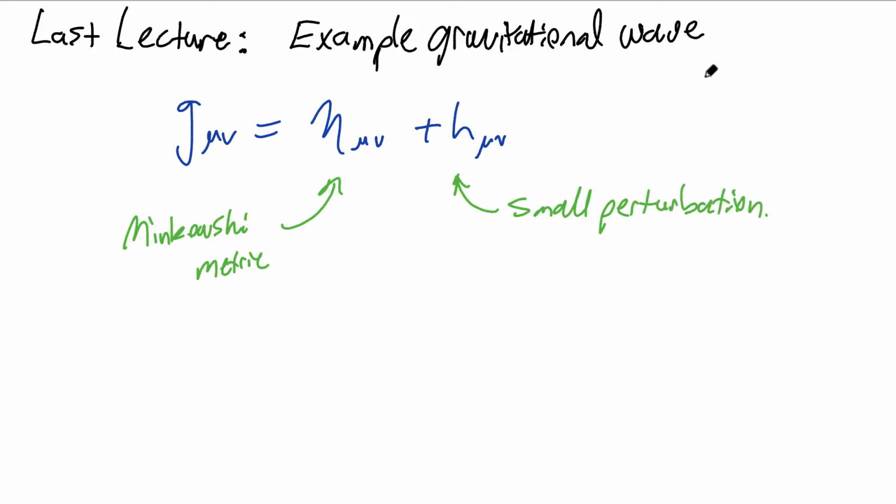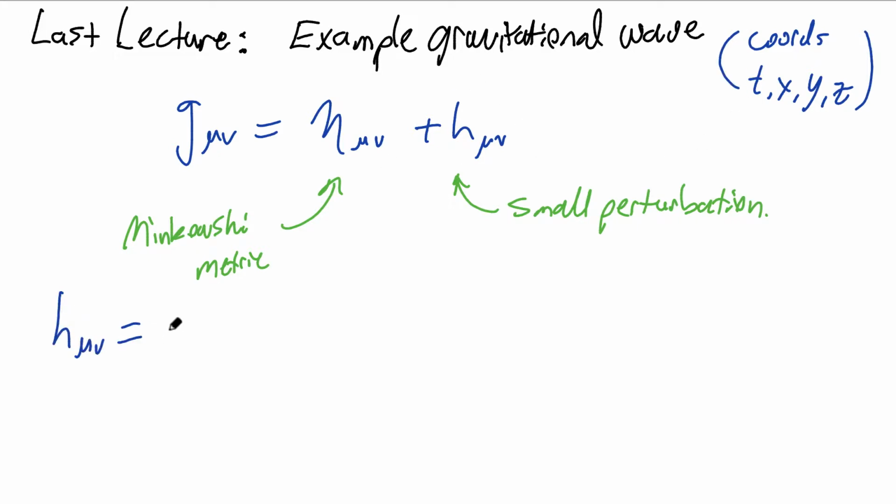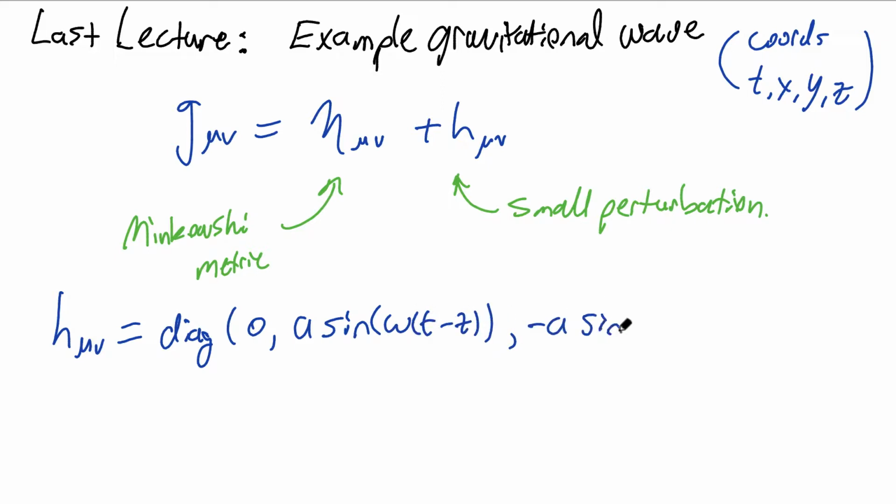The coordinates for this metric are t, x, y, and z, and the perturbation h is a diagonal matrix with entries 0, a times sine of omega (t minus z), minus a times sine of omega (t minus z), and 0.